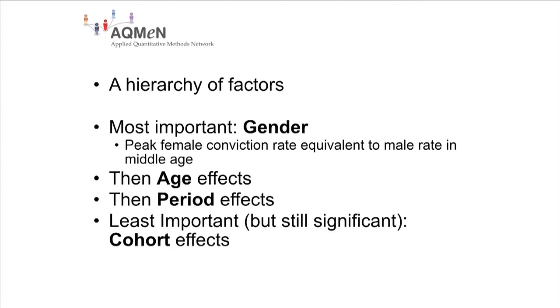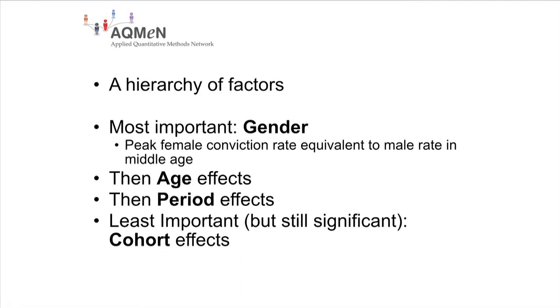We can say that there is broadly a kind of hierarchy of factors, a hierarchy of explanatory variables that go to help to characterize the likely conviction rate of different types of people. Of this, the most important factor at the top of the hierarchy is gender.